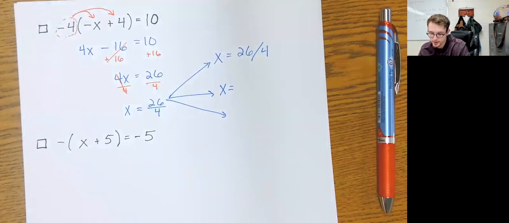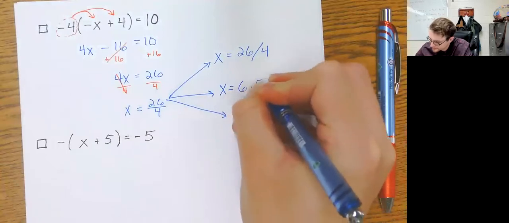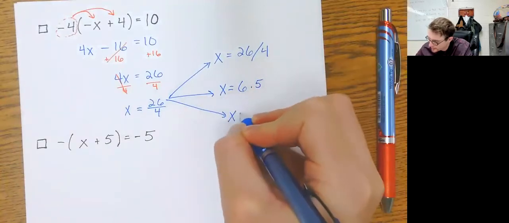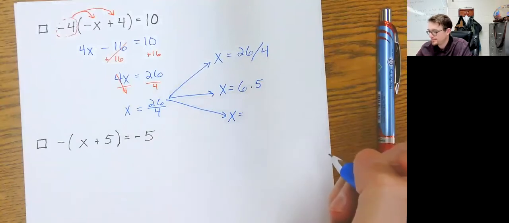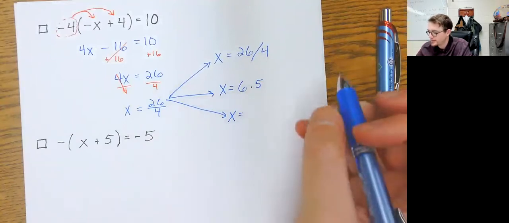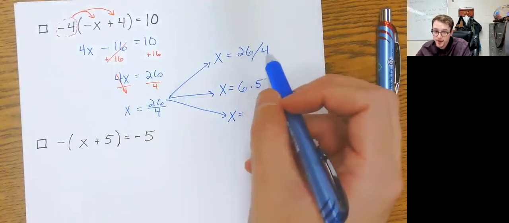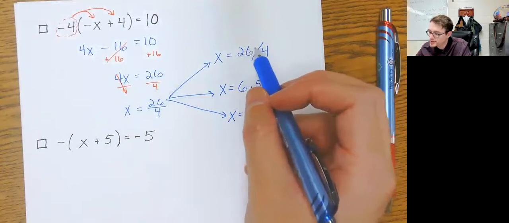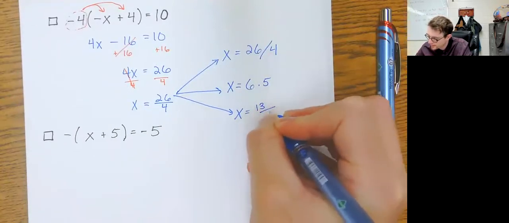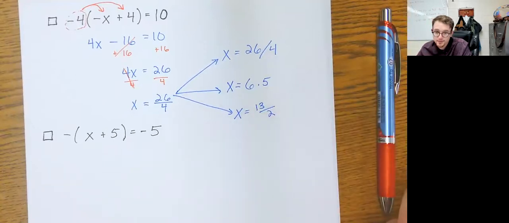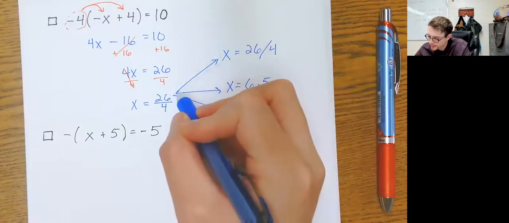Use a calculator. 26 divided by 4, 6.5. And then the other one would be if I was to simplify this. Both of these are divisible by 2, so if you know anything about simplifying fractions, if I can divide a 2 out of both of them, that would be 13 halves. Okay, so these are the 3 acceptable answers for this.